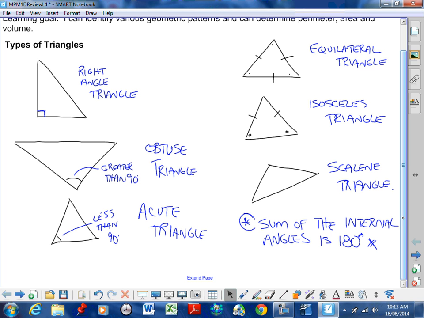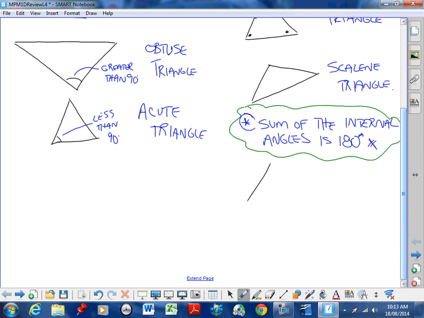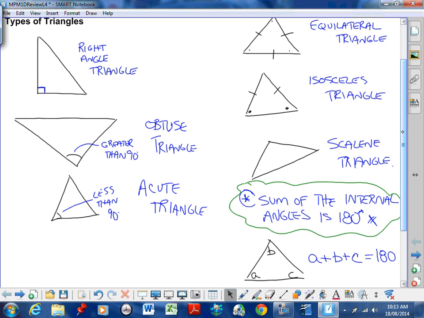Okay, the angles inside a triangle sum to 180 degrees. So if I have a triangle with angles A, B, and C on the inside, then A plus B plus C must add to 180 degrees. There is your review of triangles.